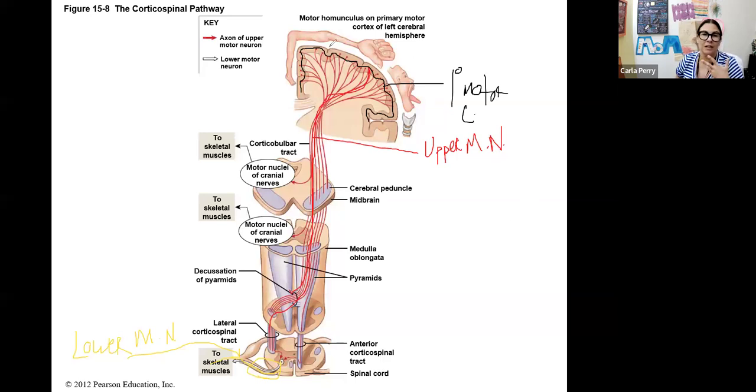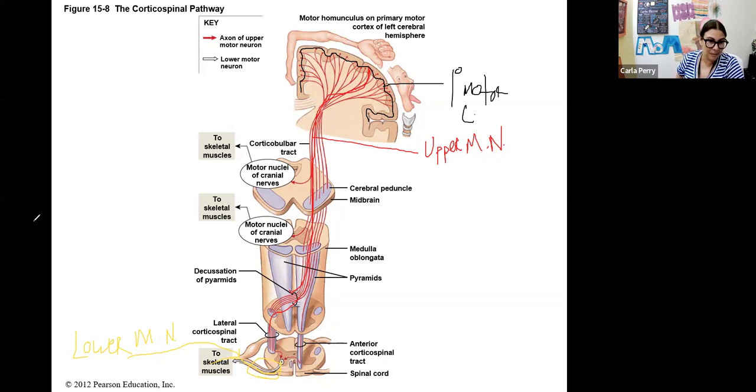So again, we have the primary motor cortex, which you see is this dark brown area. It's mapped out. The primary motor cortex, the origination of the upper motor neuron is here. The upper motor neuron travels down the brainstem, down the spinal cord, crosses over, and then will eventually synapse on the lower motor neuron.